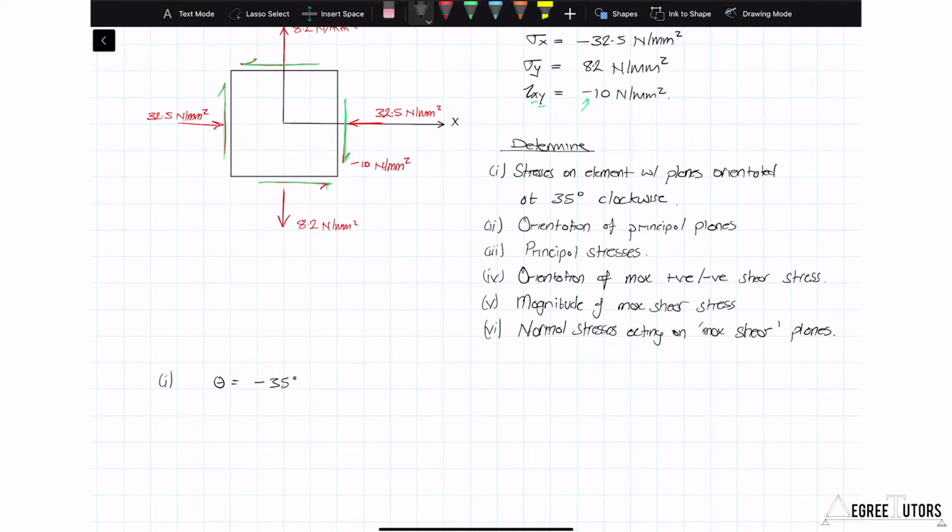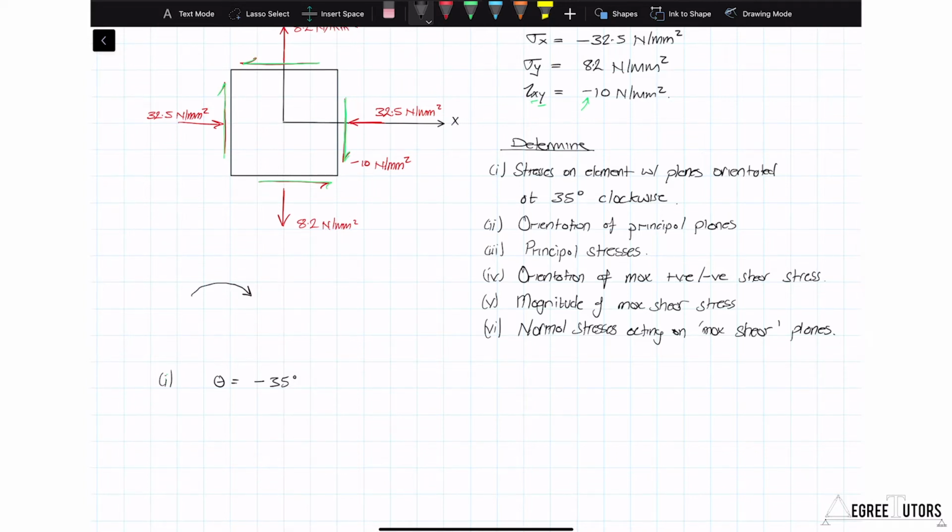The reason that we assume clockwise is negative is that when we start looking at our Mohr circle, we want the sense of rotation of the Mohr circle to match the sense of rotation of our element. That will probably make no sense to you right now, but it'll make sense at the end of the next video. At this point, we're going to assume clockwise rotations are negative and anti-clockwise rotations are positive.